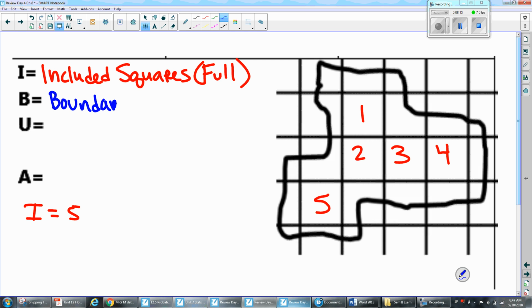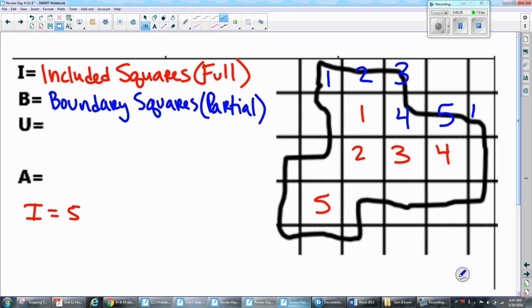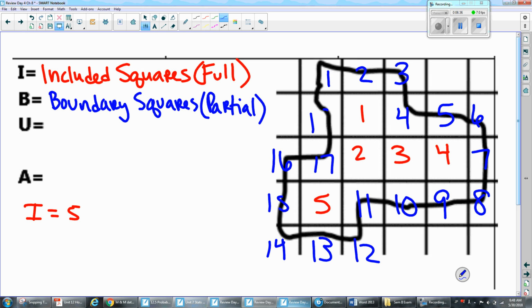They're on the edge of the shape. They're not full squares. They're only partial squares. They're like half in, half out. So any square that contains some of the shape's area, we have to count. So in this case, our boundary squares are 18.